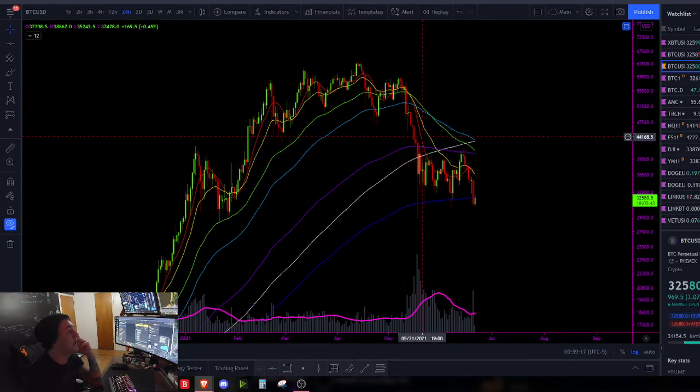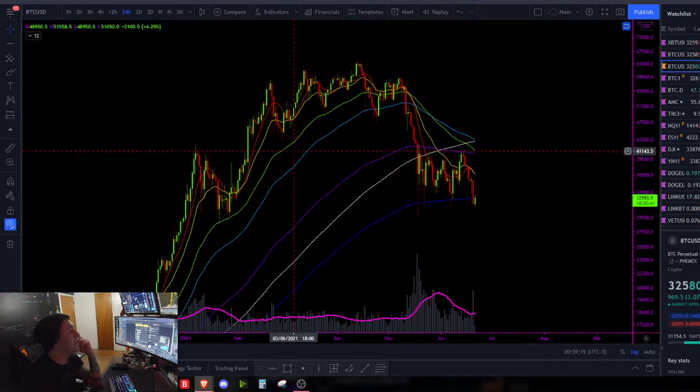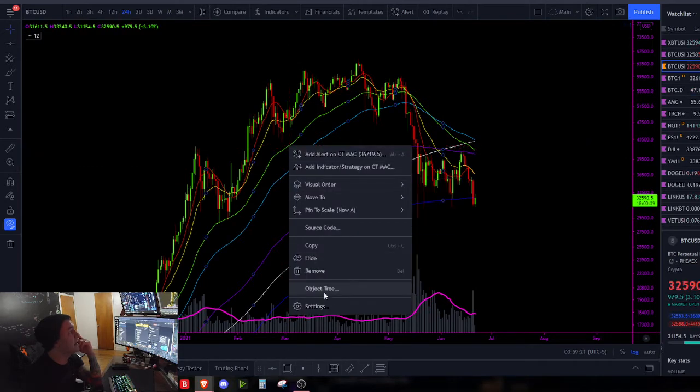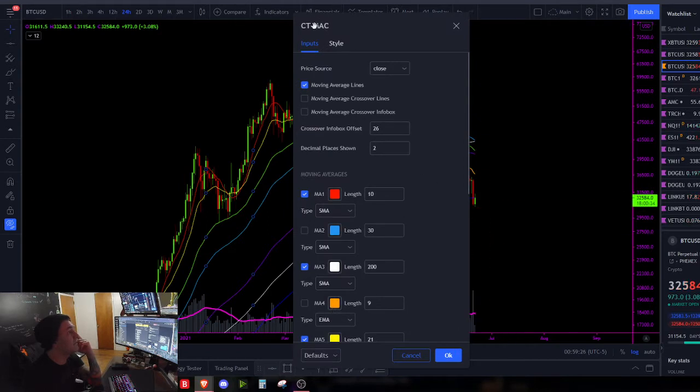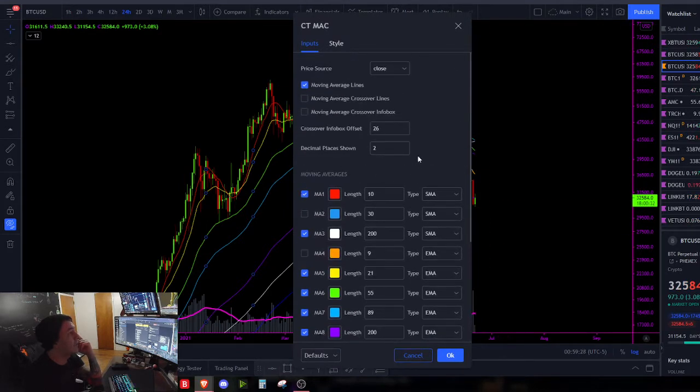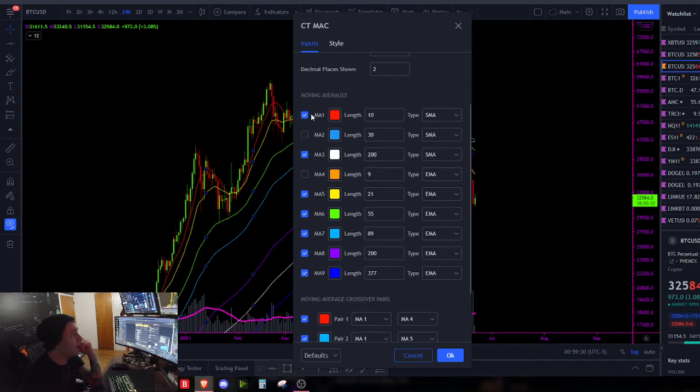So we'll go ahead and just cover a couple of inputs and stuff like that, just to give you an idea of the inputs that I use for my moving averages here. We're going to go ahead and highlight this one. The red 10 simple here, obviously type SMA, simple moving average. That is highlighted in red, which you see on the price action chart with that line being the top.